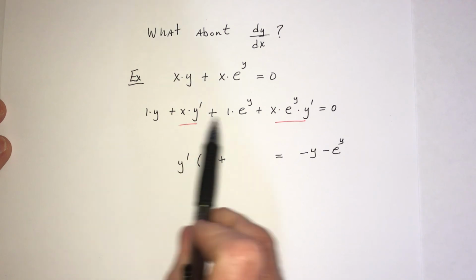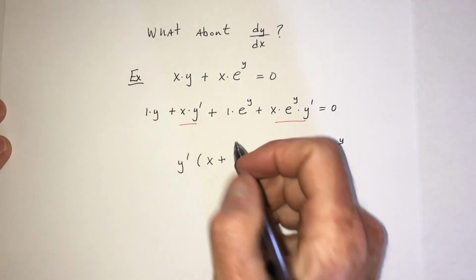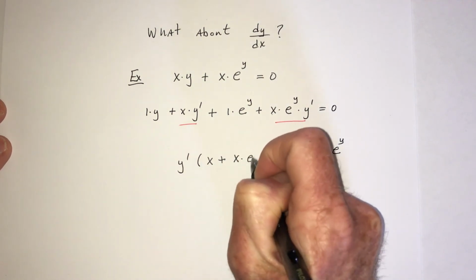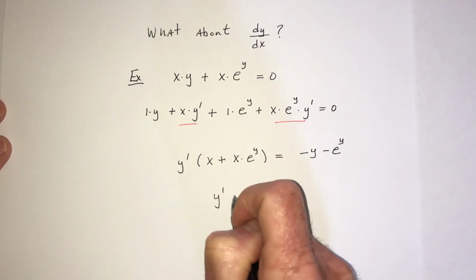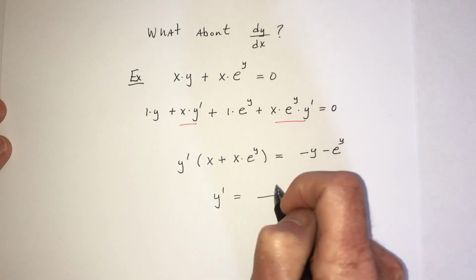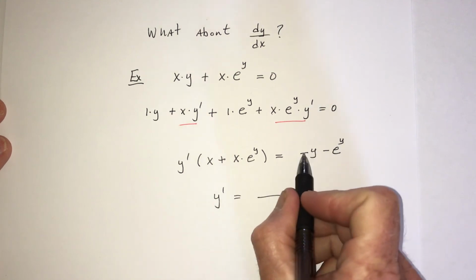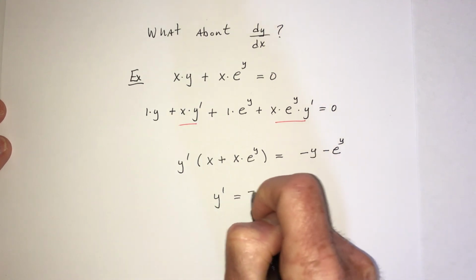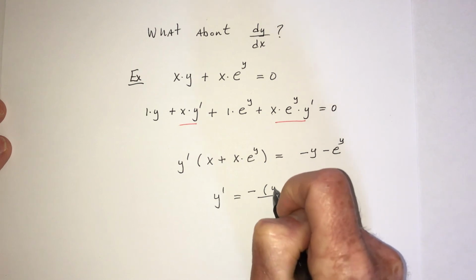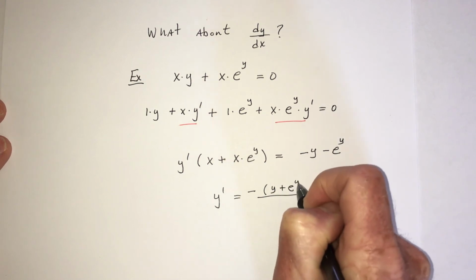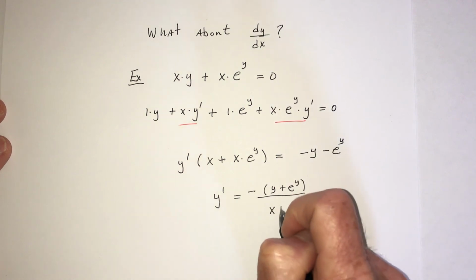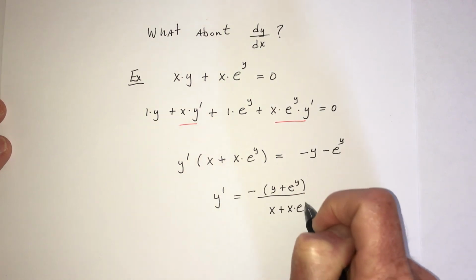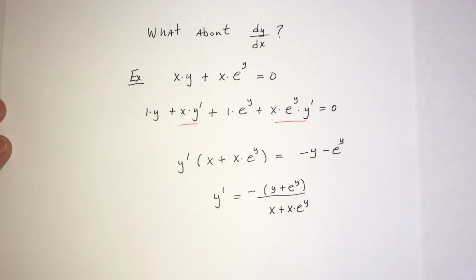So that would leave x plus x times e to the y. And then divide. So y prime equals, with this, I'm going to factor out the negative because I'm trying to make a point. And now divide both sides by this. There we go. There's y prime.